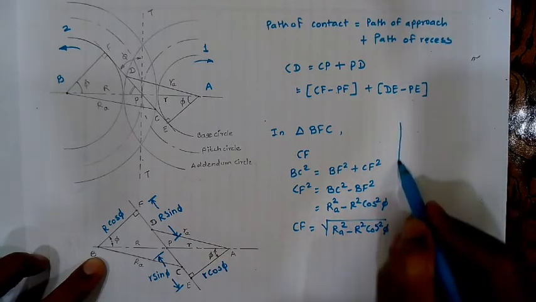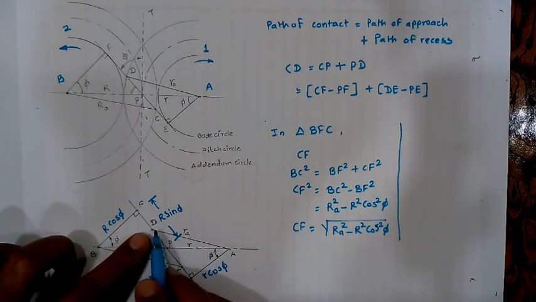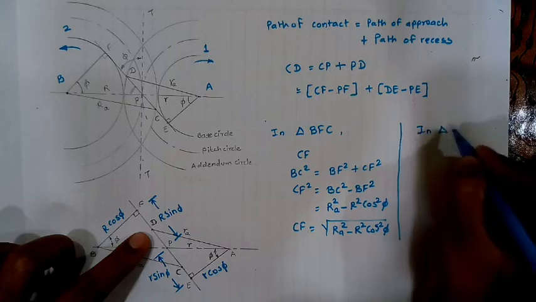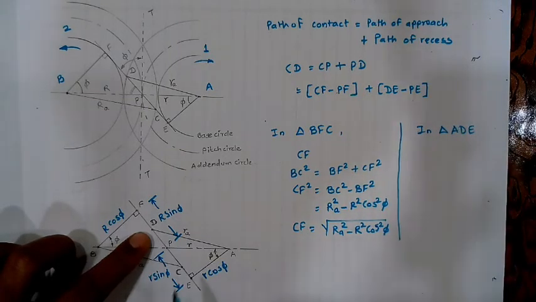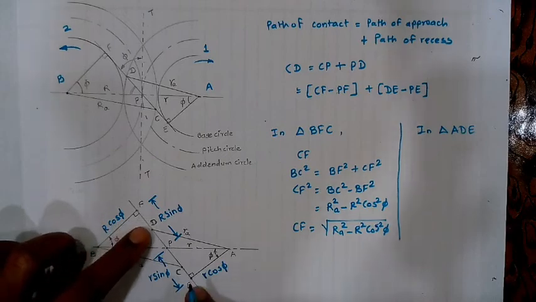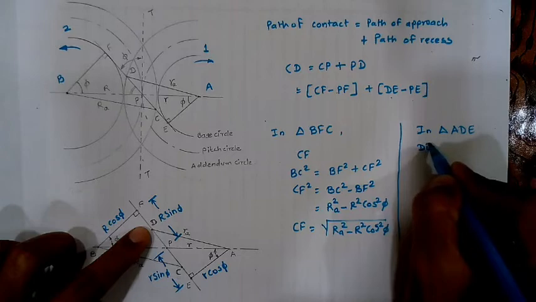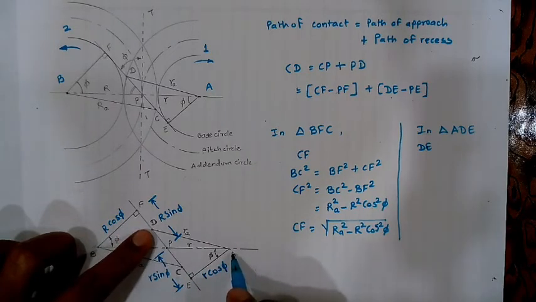Similarly, now we'll consider triangle ADE. In triangle ADE, I want to find out this distance DE. For that, again consider the right angle triangle ADE, whose diagonal is AD.